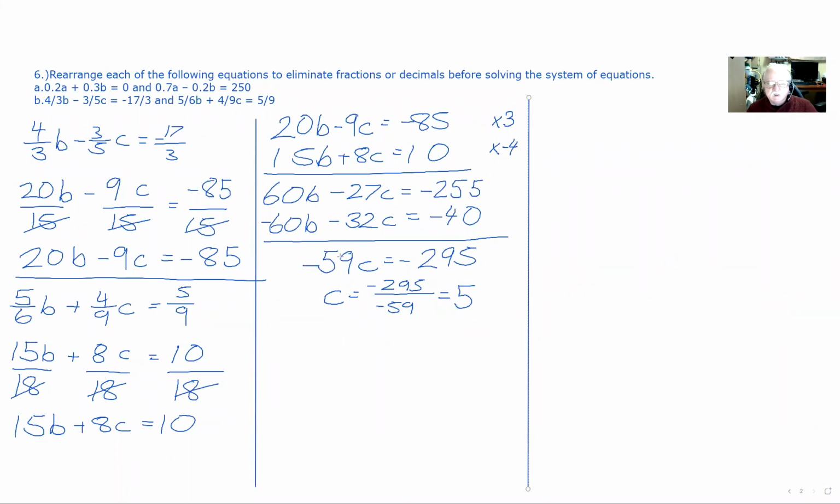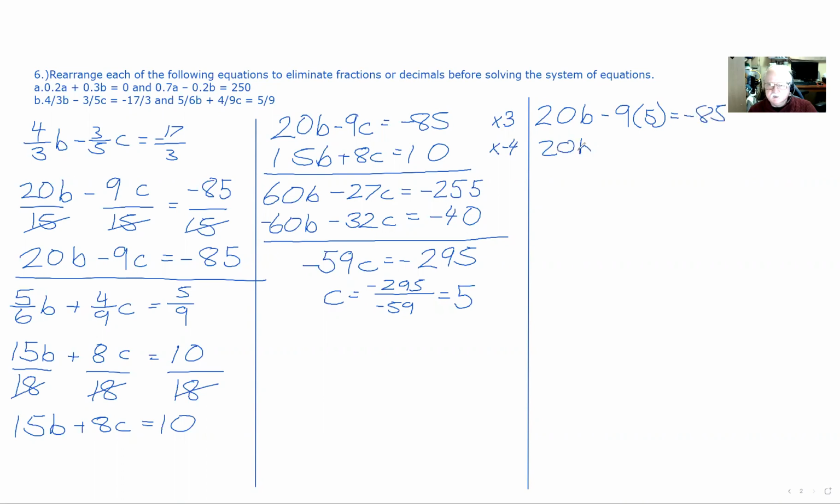and we want to put it back into both of these equations to see if it actually works. So I'm not going to put it back into the equations that have the fractions. That would just be painfully annoying. I'm going to put it into 20b take away 9 times 5 equals negative 85.